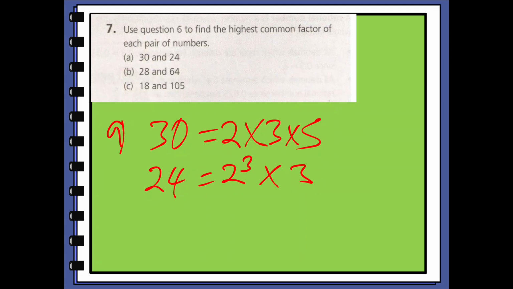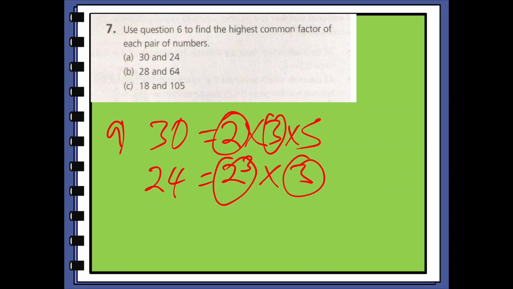So we are going to use a method. It says find the highest common factor of each pair. We do know here that the common numbers are 2. Okay, 2 is common, 3 is also common.